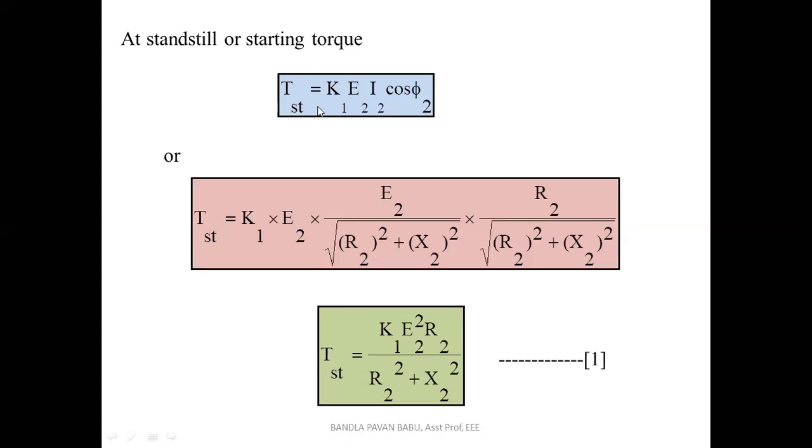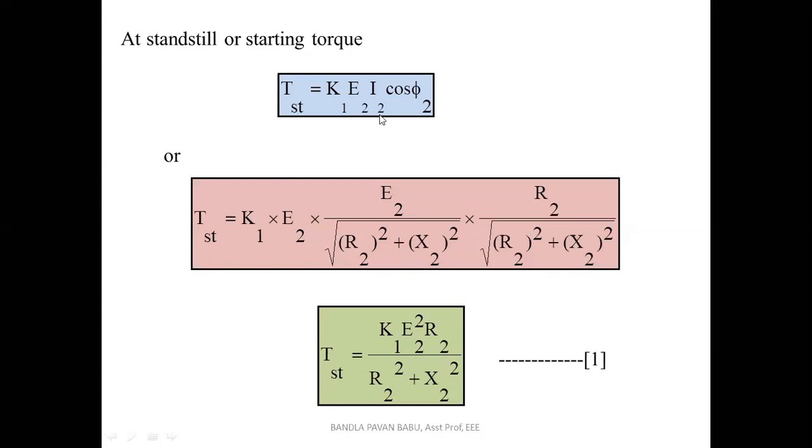By substituting the respective parameters, we get starting torque TST equal to K1 into E2 into the value of I2. Actually I2 is E2 by the magnitude of Z2, so we get E2 by root of R2 square plus X2 whole square.